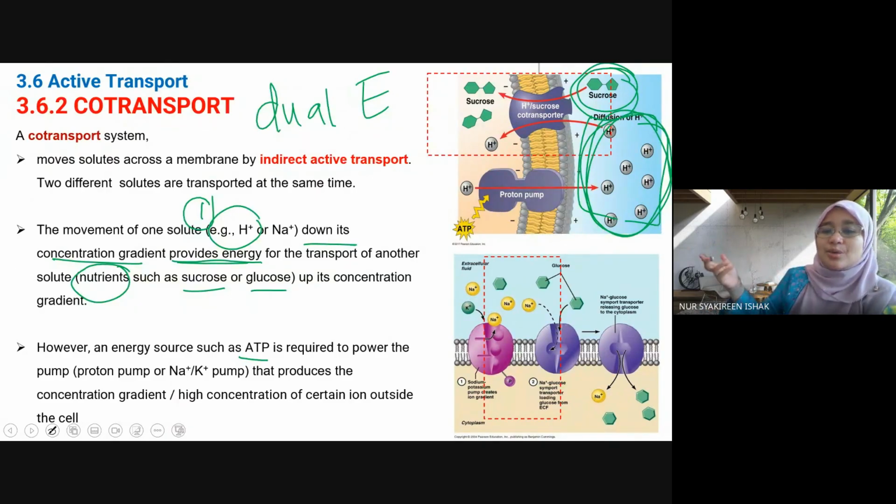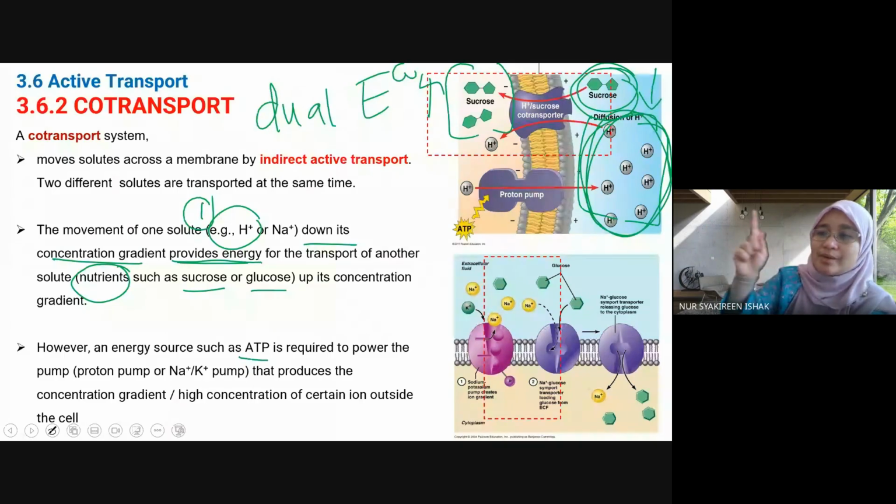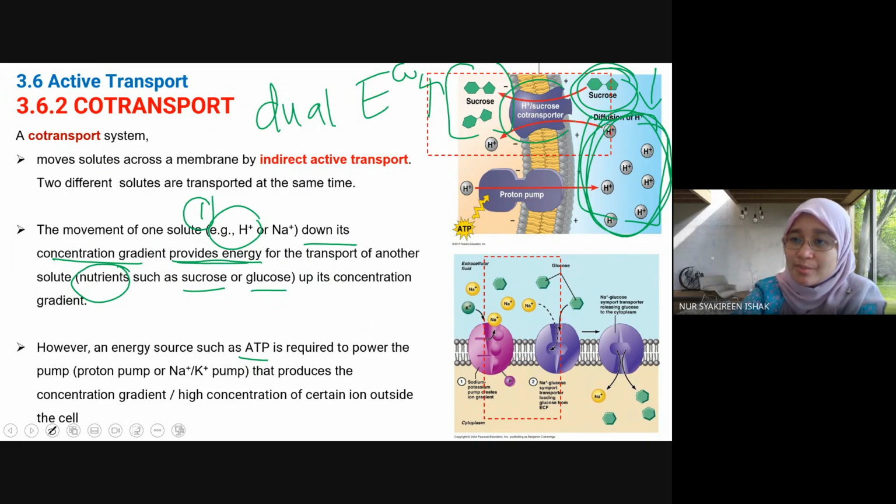Sucrose goes up its concentration gradient. Sucrose luar sel rendah, dalam sel tinggi. Again, kan? From low to high of that nutrient. From low to high is active transport. Cumanya sucrose ni bila dia nak bawa masuk ke dalam daripada rendah ke tinggi, daripada luar sel ke dalam sel, active transport kan, tapi awak nampak this transport protein doesn't require energy from ATP, but it uses the energy from the accumulation of hydrogen ion outside cell.